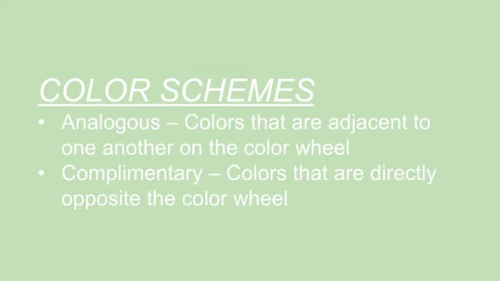So for example, a complementary color scheme will be yellow and violet, or red and green, or blue and orange. An analogous color scheme will be like yellow and yellow-green and green, or blue-green, blue and blue-violet, colors that are next to each other on the color wheel.